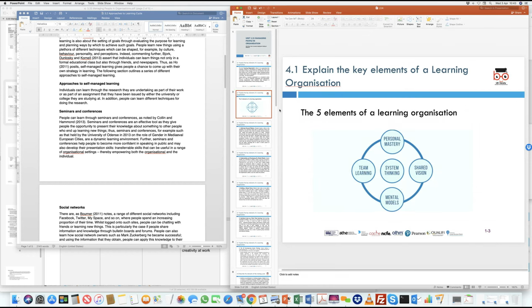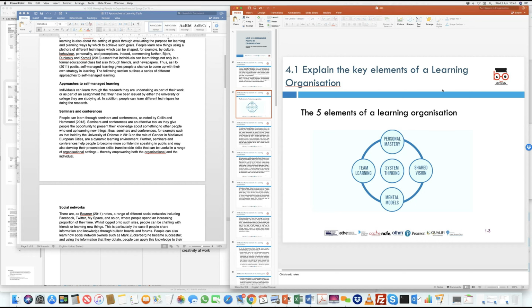Now, if we are to look at how learning was defined in terms of the concept of learning organization, one or two authors that we put together in the presentation, Senge, for example, states that he defined basically the continuous adoption of new policies and processes to improve the performance within an organization leads to something called a learning organization.